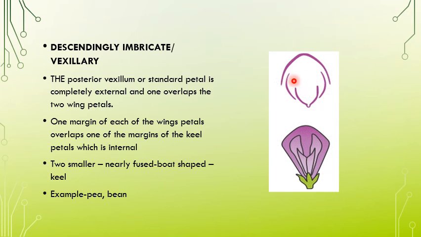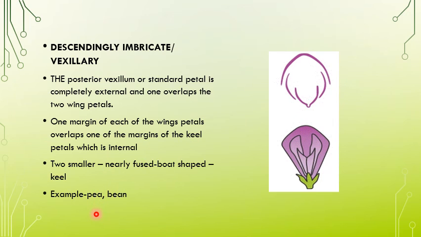One margin of each winged petal is in or out, and the other two are fused in a boat-like structure. The unique feature is that the two smaller petals are fused in a boat shape, called the keel. The examples are pea, bean and gram.